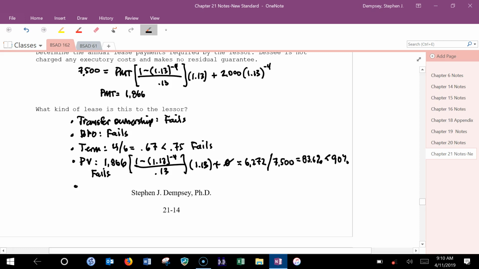The last one. Does the asset have no alternative future use other than for this lease? It must have an alternative future use because it's got a residual value. So the alternative use test fails because it has a residual value.